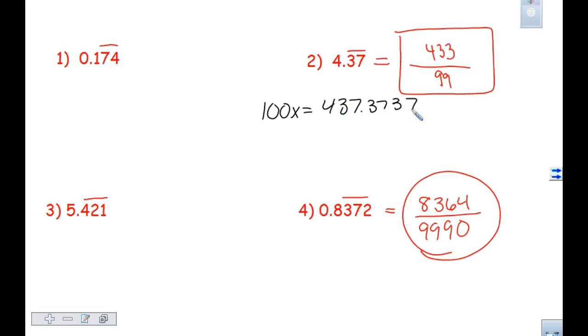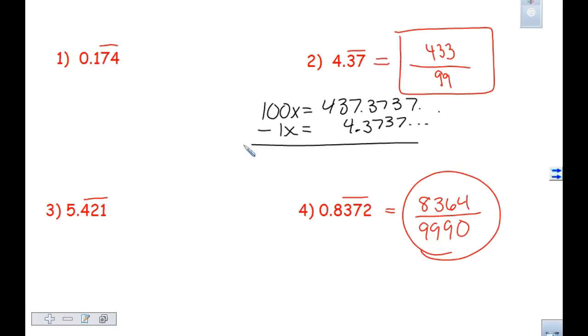And then when you subtract 1x, what was 1x equal to? Oh. Okay, now do you see it? And they all work where they cancel.